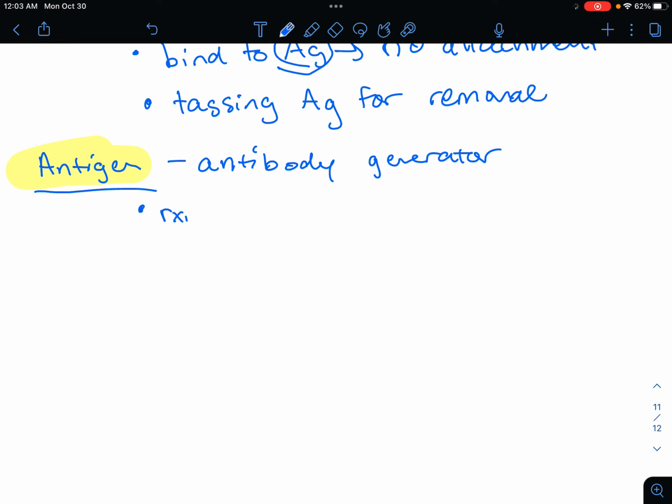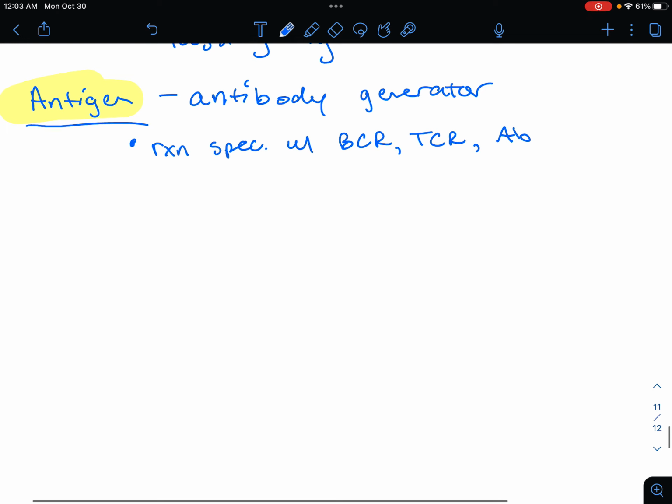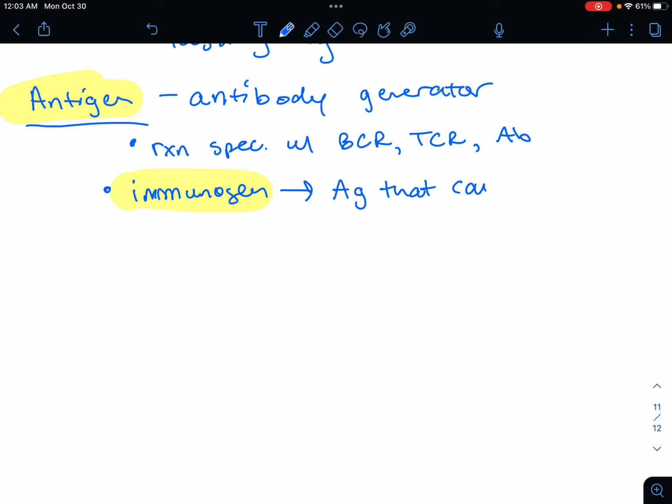So BCR, TCR, or antibody. So when it causes an immune response, this is called an immunogen. So not all antigens are immunogens, but all immunogens are antigens.